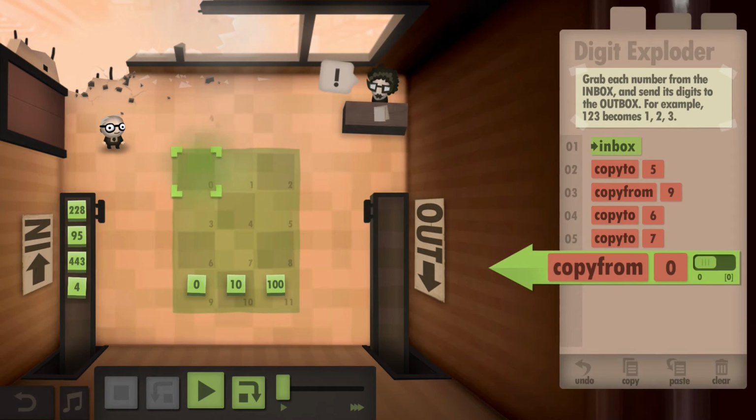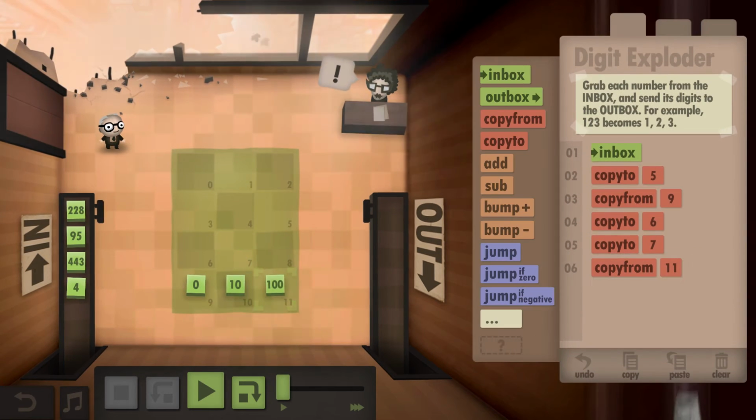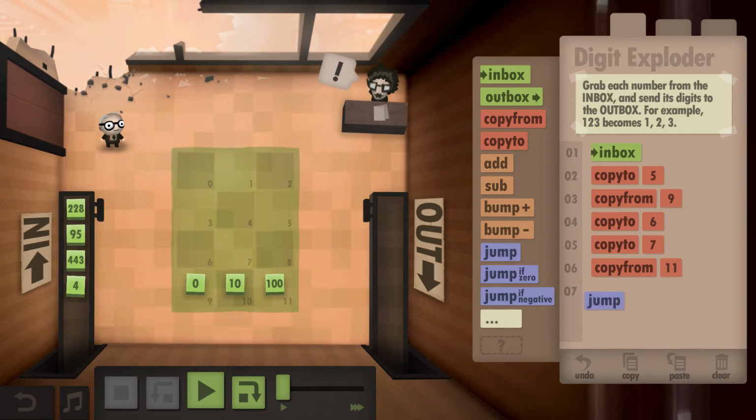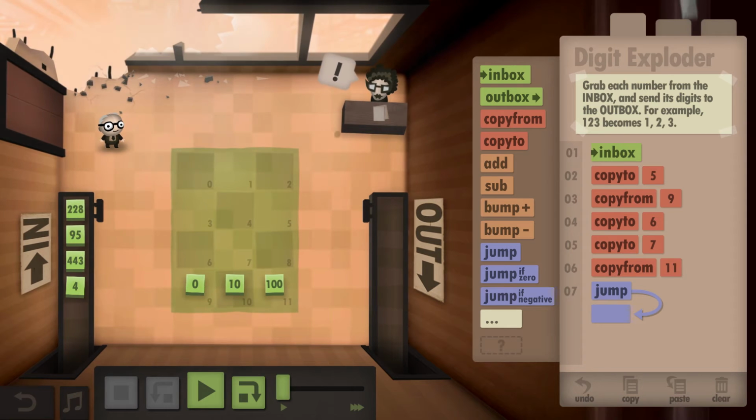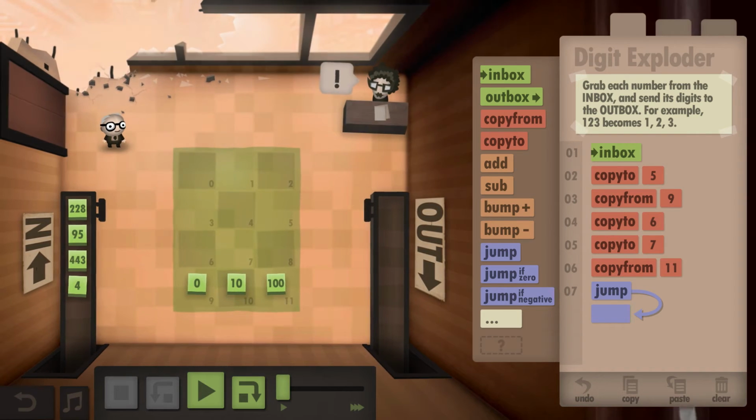And then we need to copy that one. So I'm gonna jump in here for now because I think I need to do something. I'll be getting a bit ahead of myself. If not, I can just remove this jump. It'll be kind of pointless.